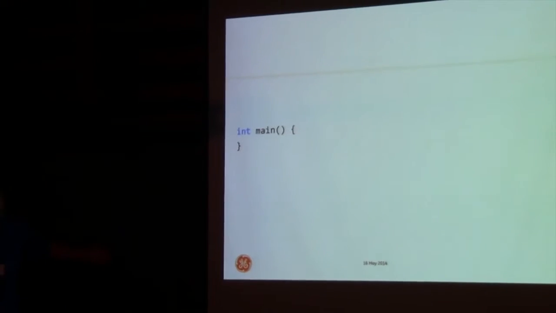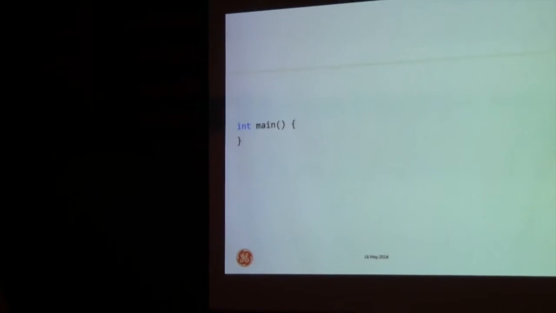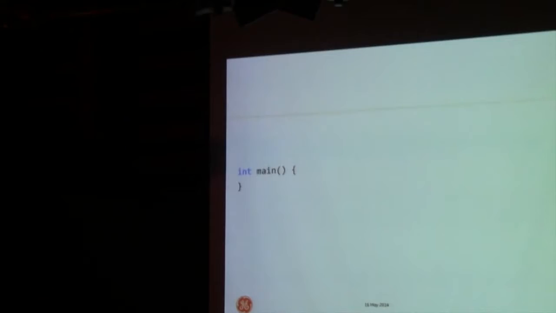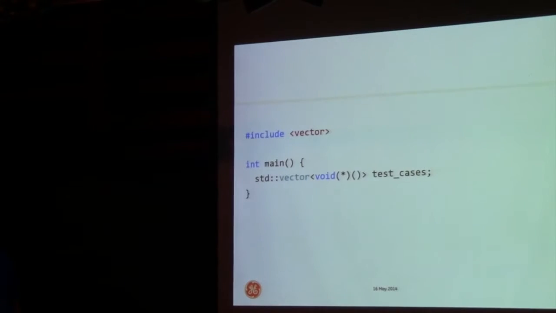So, you start out with main. You've got to start out somewhere. The first thing I do is add a container for my tests. You could do it without a container and just inline call everything, but initially I'm going to do it that way because I know I'm going to need it eventually.